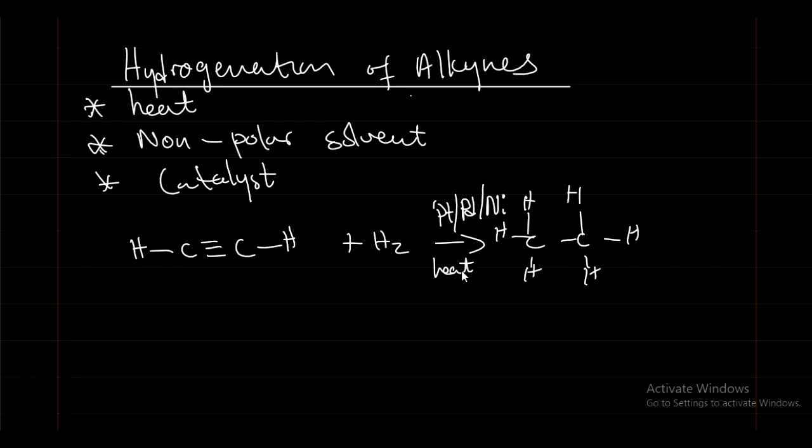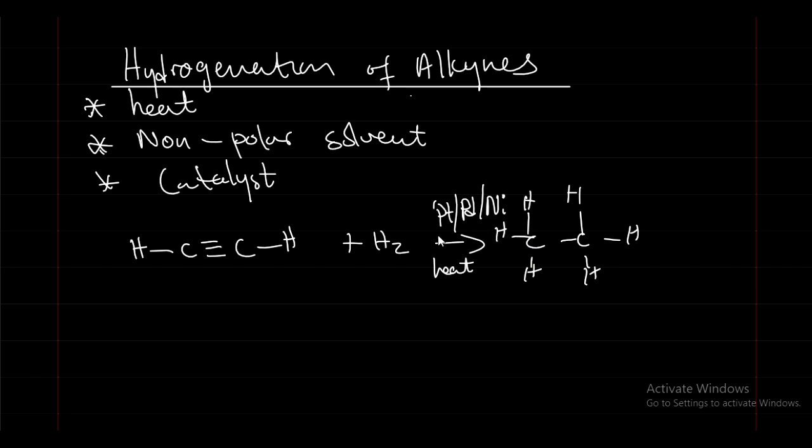In later stages, maybe when you do your first year, you will learn about addition of hydrogen to alkynes that does not result in an alkane, but moves from alkyne to alkene.